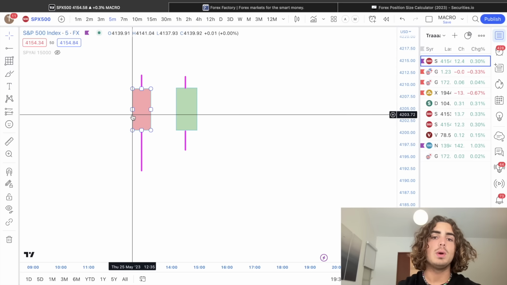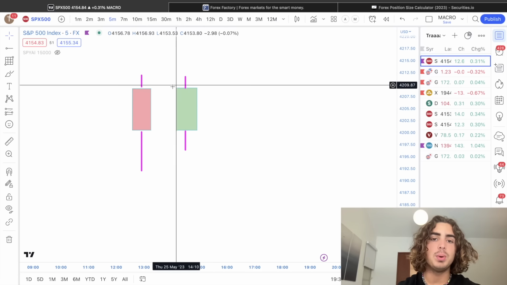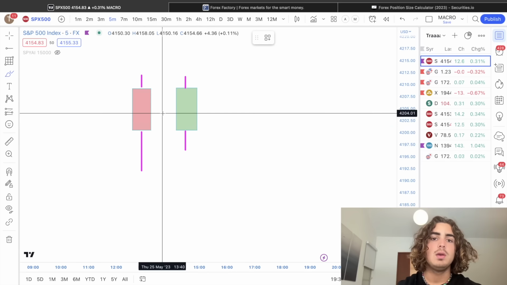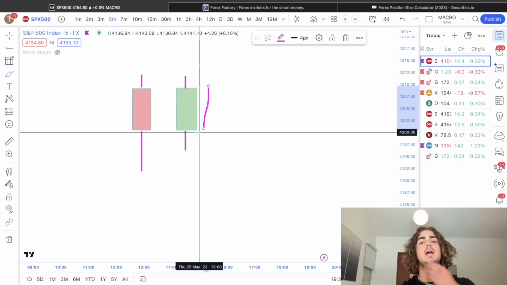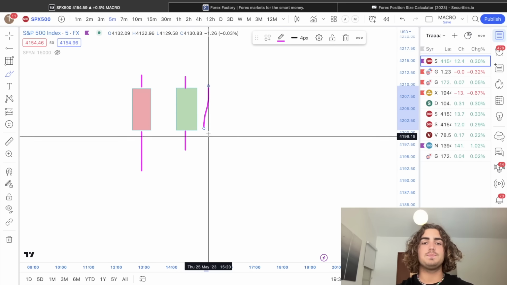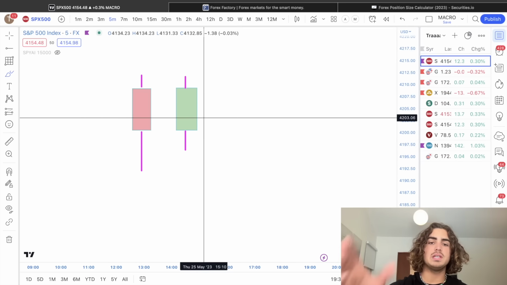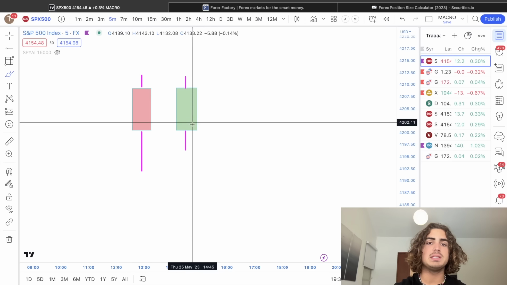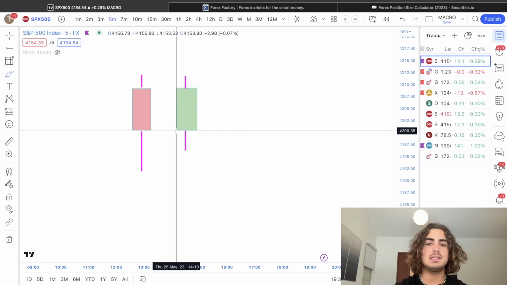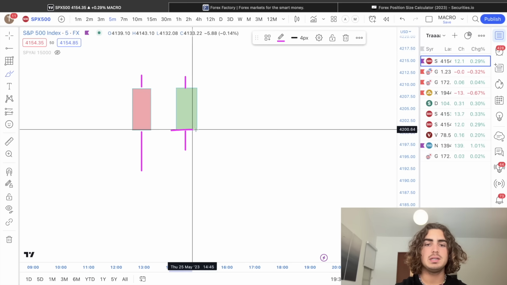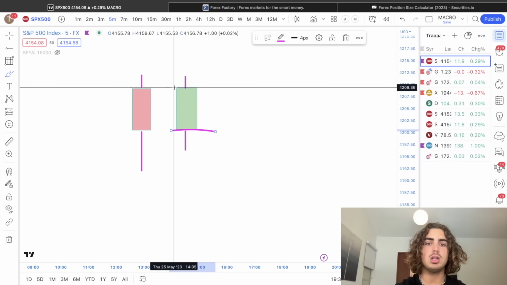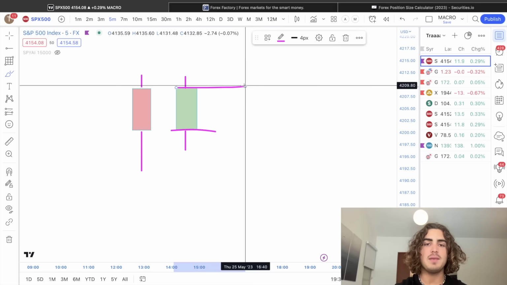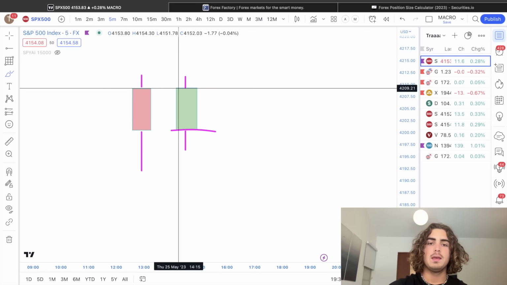So when we see a green candle or a bullish candle, we see that it goes up and it ends right up here. Green means boom, price went up, right? Everyone knows a green candle means up and a red candle means down. So in this instance, price opened right here where the body of the candle starts, and it closed at that 5-minute mark right here.